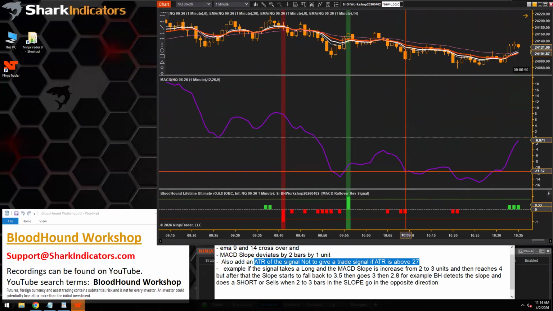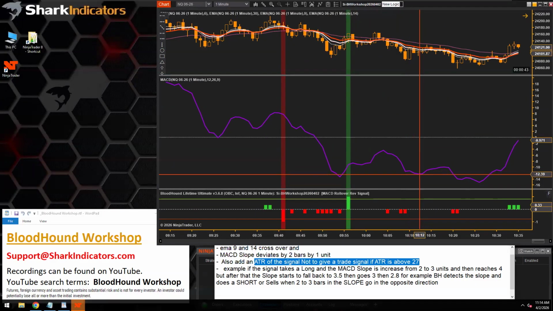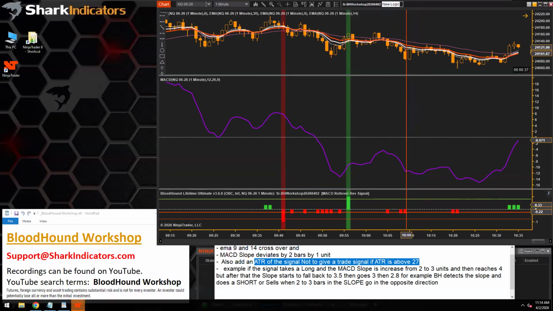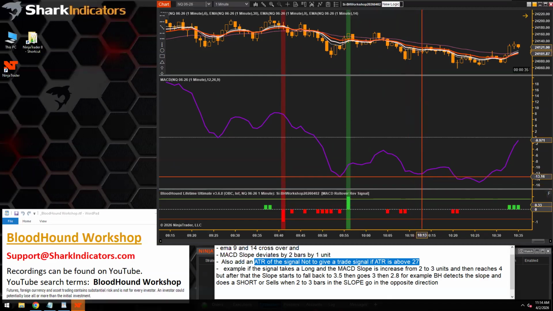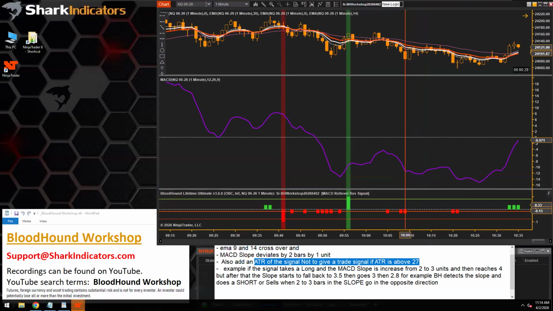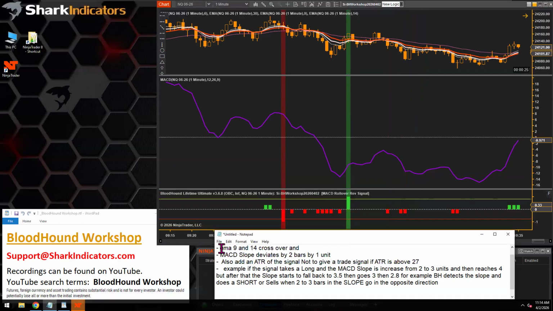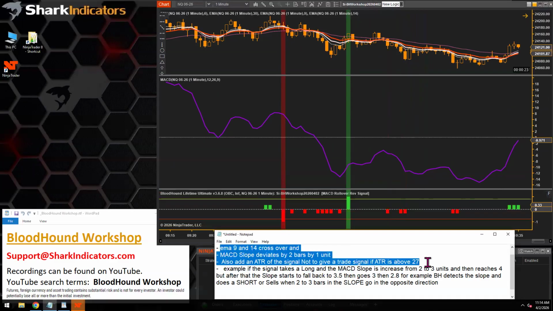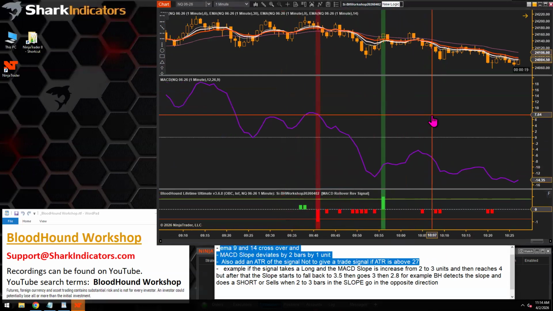It does roll up, but then it falls back down again, and it does roll back up. But look at how far away that is. So if you want to include the MACD rolling over when it's really far away from this condition, there.